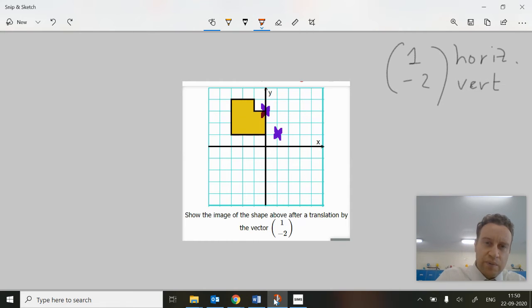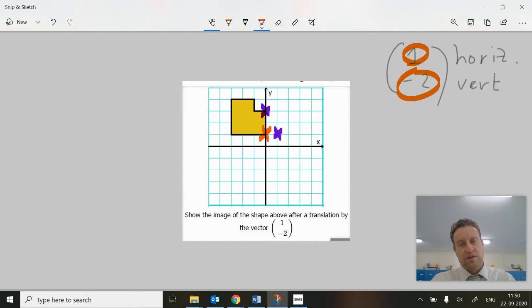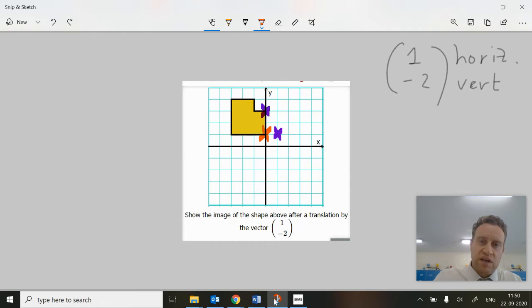So let's try, for example, this point here. So again, we need to go 1 across and 2 down. So the whole shape is going to move 1 across and 2 down, but so are all of the coordinate points. So 1 across and 2 down is going to take us here. And again, at a certain point, you'll probably realize how to draw the rest of the shape. So this one is going to go 1 across and 2 down, take it there.